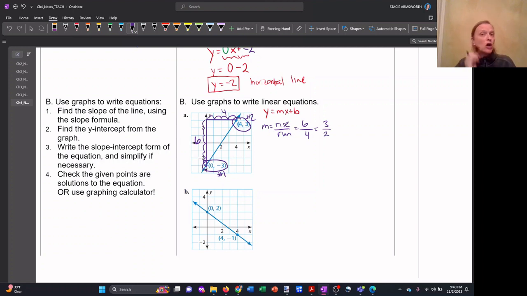And now I have my slope for this graph. Now, the y-intercept. The y-intercept is where the graph crosses the y-axis, which is right here at this point that I'm circling in green. When x equals 0, that is the y-intercept.